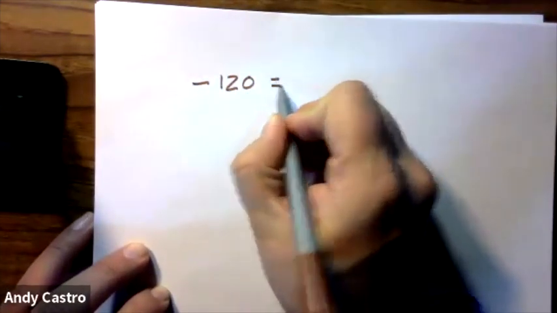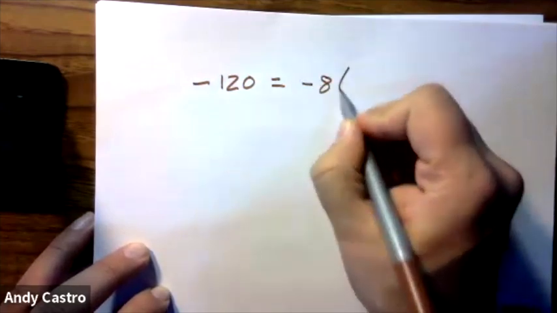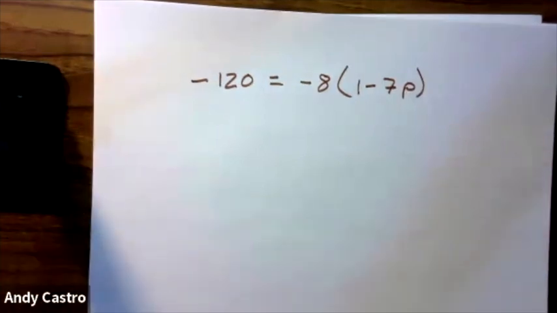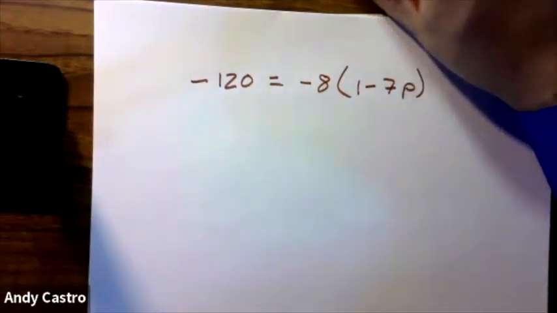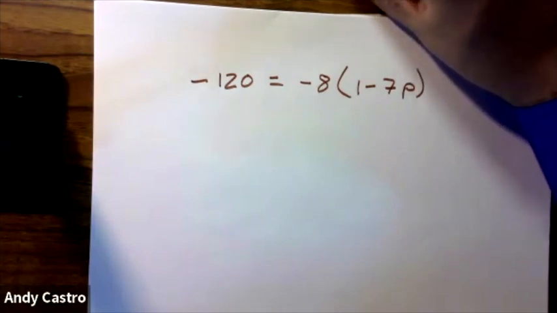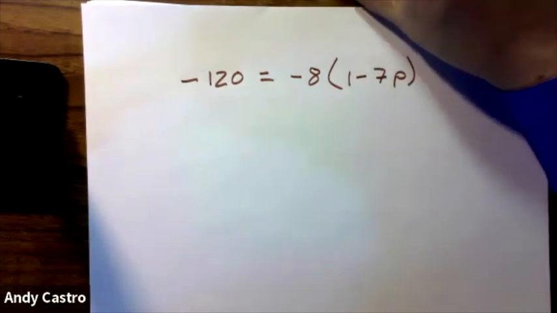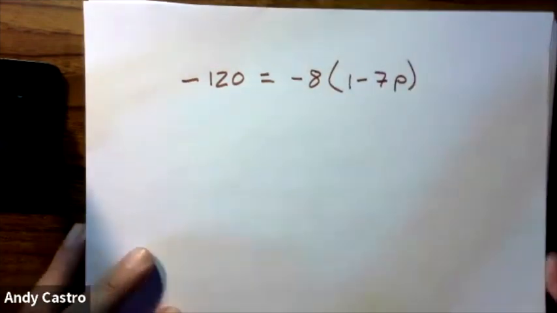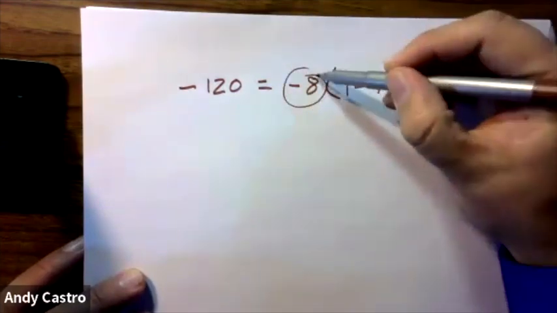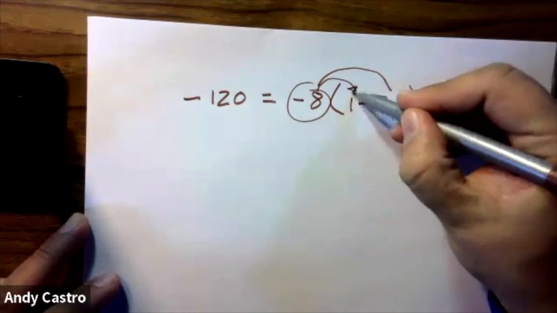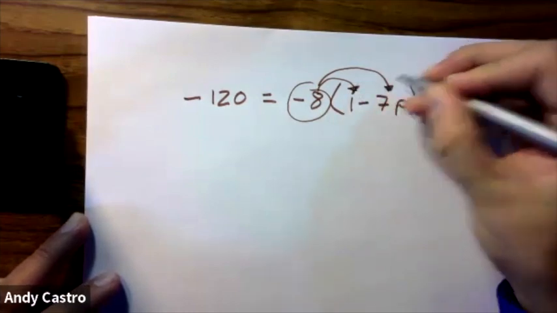Let's do another one. Negative 120 is equal to negative 8 times 1 minus 7p. All right. So the first thing I'm going to do is multiply that negative 8 through. I'm going to distribute.